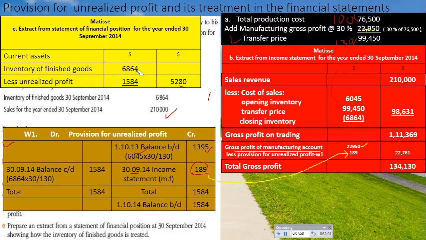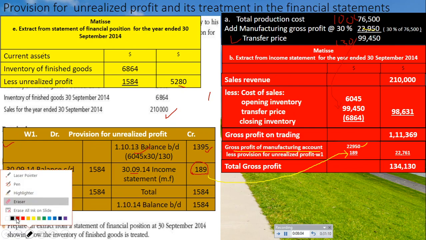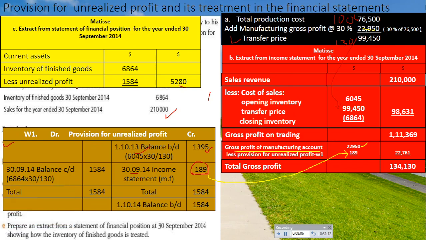So you put 6864, and then less unrealized profit, you deduct it. Now this deduction is your balance CD. Make sure you deduct the balance CD. The balance CD, this part here, this up, not this one here. This is the one you need to deduct. The CD part, the CD component, let's say CD.